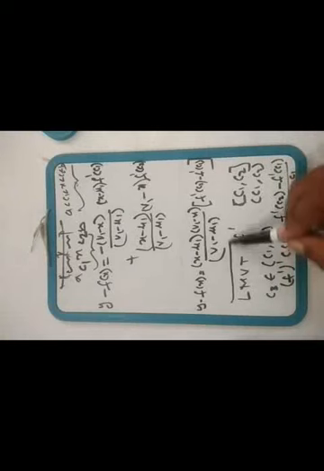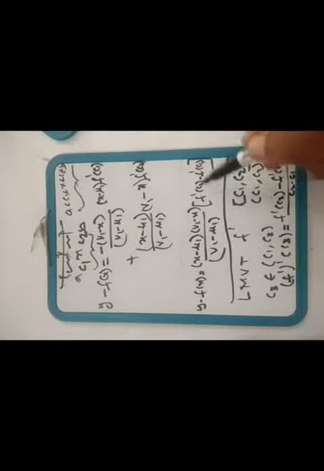This is the Lagrange mean value theorem applied here. So this difference is this term multiplied by this thing.